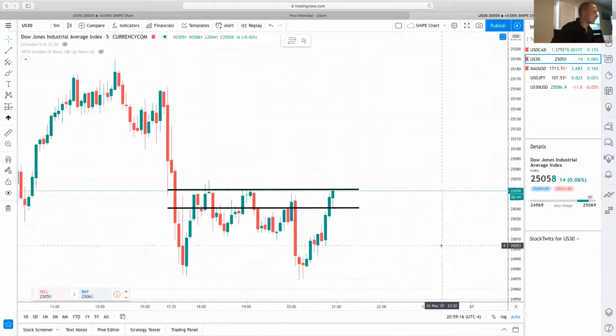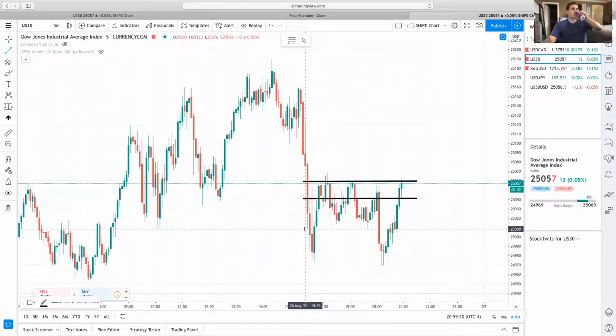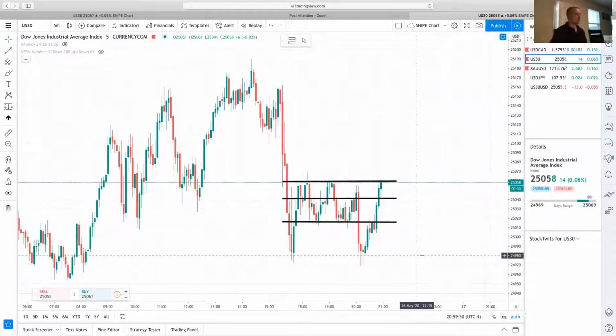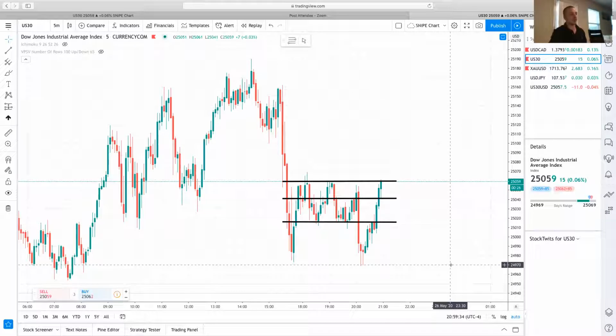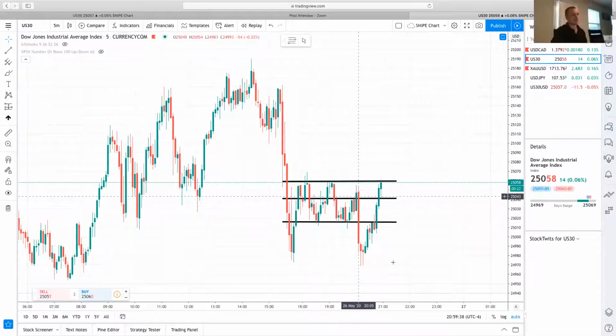Next thing. Let's chop it up. Probably go right there. So these are different levels that I'm looking at. Now, altogether, I wouldn't even be trading this to begin with. I just don't like when it's moving like this.